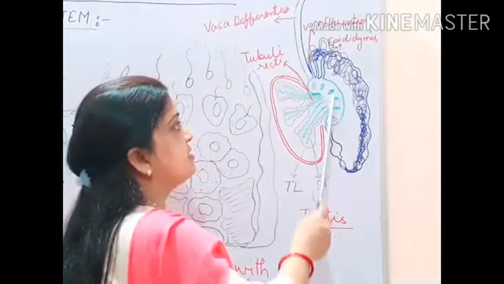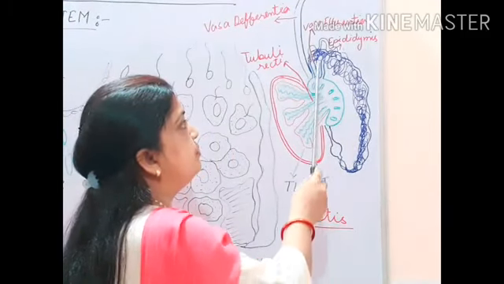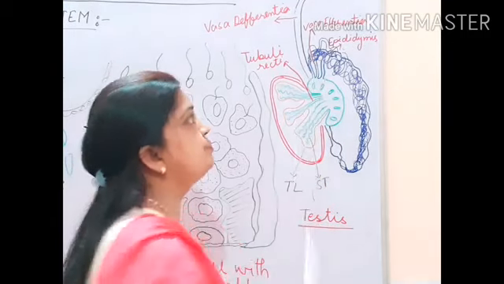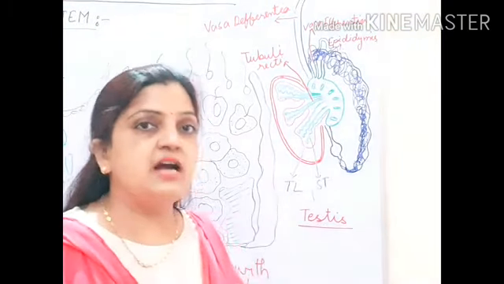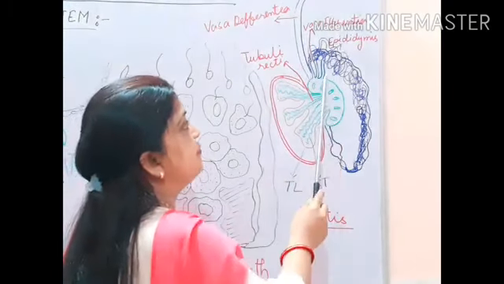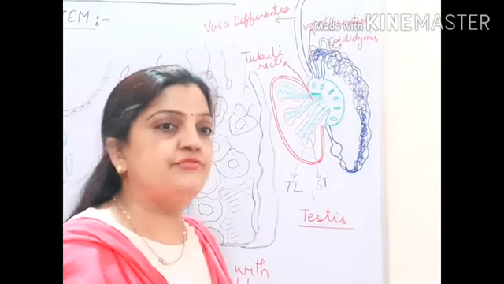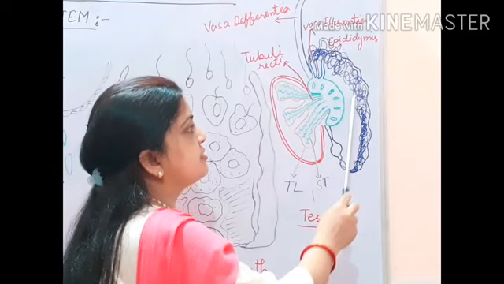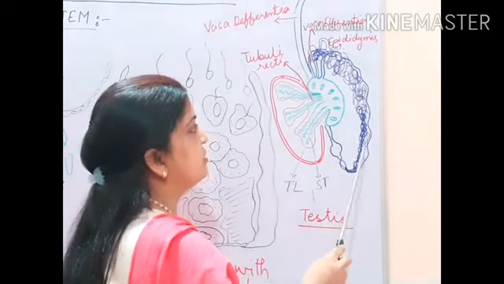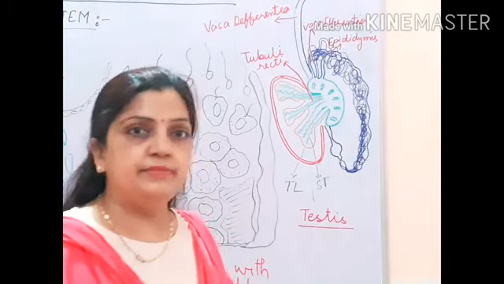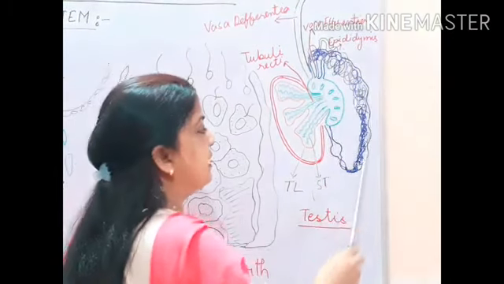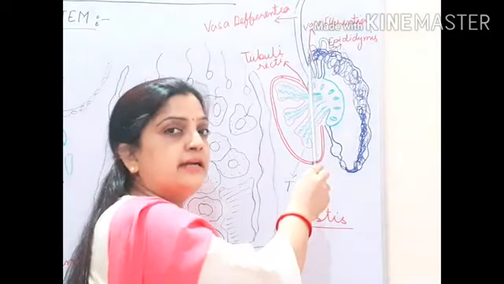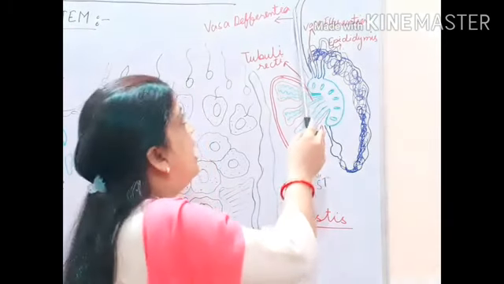This rete testis opens into very fine blue color tubules, which I have drawn with blue color. These blue color tubes are called vasa efferentia. The vasa efferentia move out into a highly coiled structure called the epididymis. And this epididymis will move out through the inguinal canal into the intra-abdominal cavity, and this portion is called vasa deferentia.